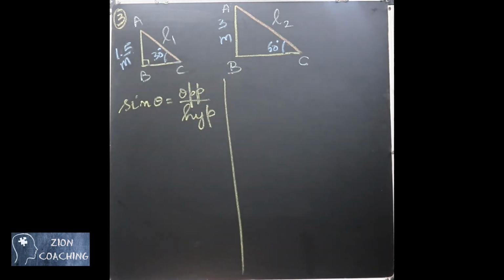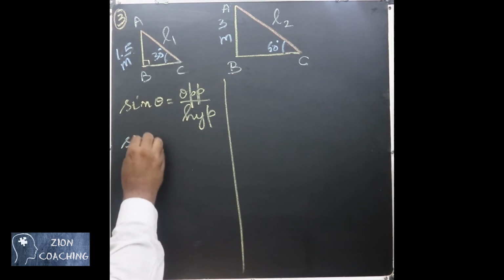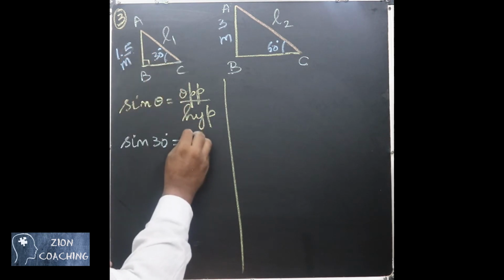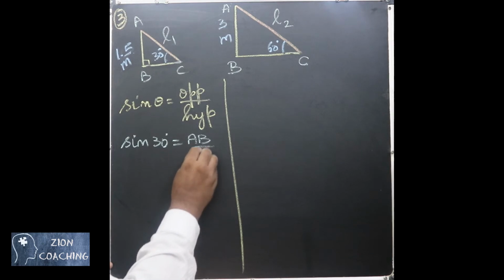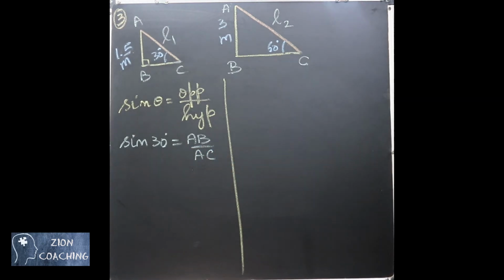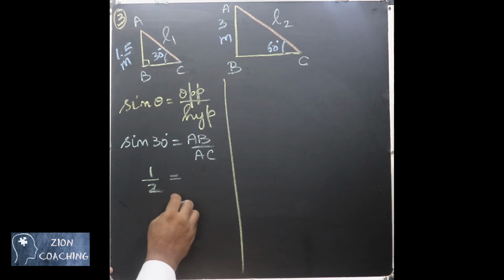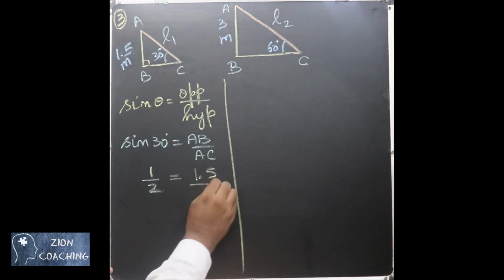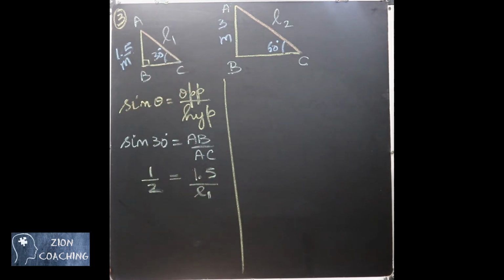Substituting the values, we are going to have sine 30 degree is equal to opposite side AB, hypotenuse is AC. Now when you substitute the values, sine 30 degree is 1 by 2. 1 by 2 is equal to AB, that is 1.5, divided by AC, that is length of the first slide, L1.